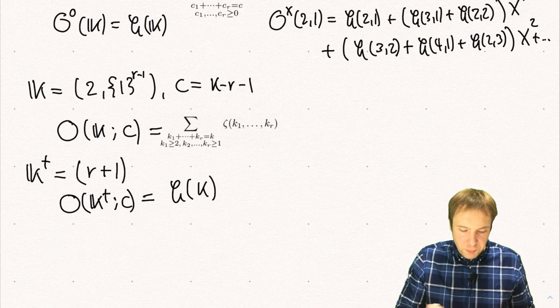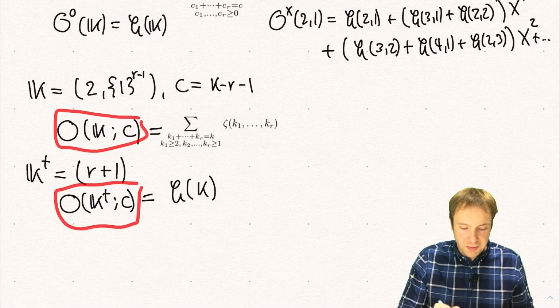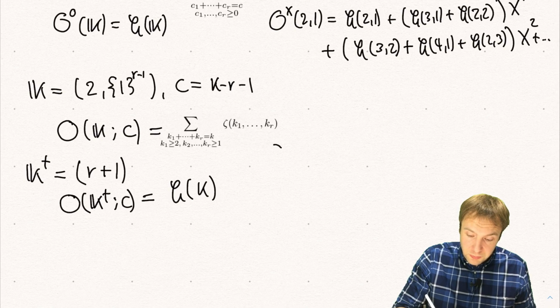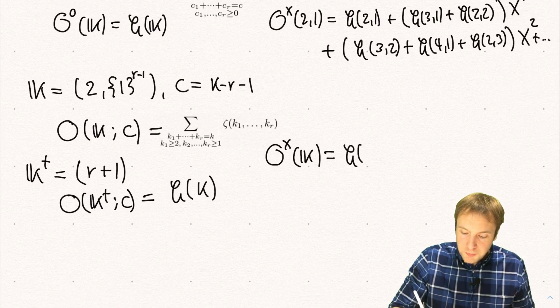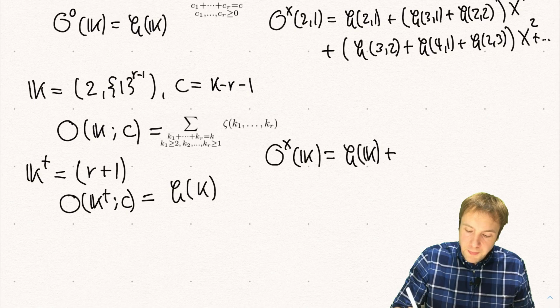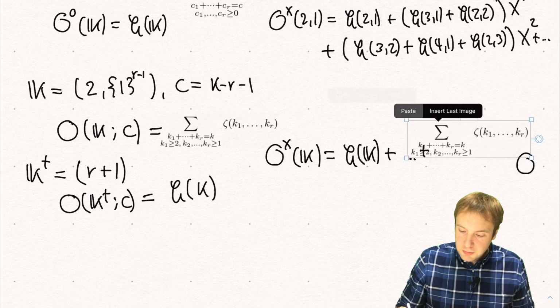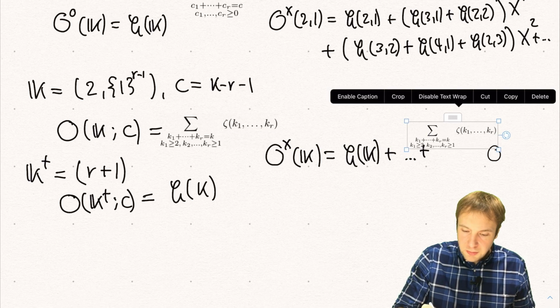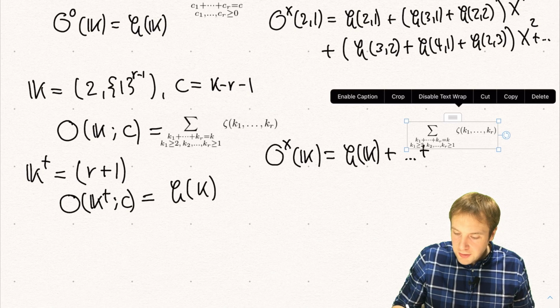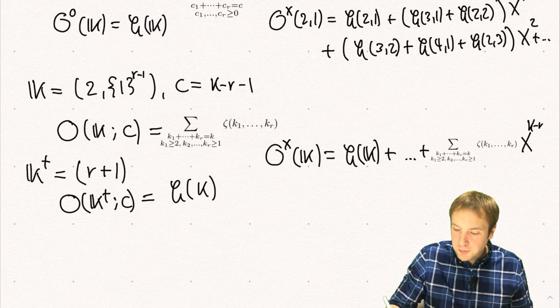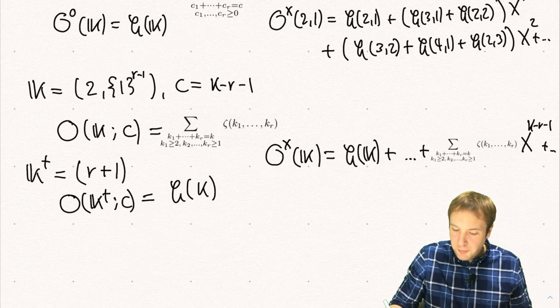Okay, and here we see by the sum formula that this is actually the same. So if we would consider the Ohno sum of this example, we would start with zeta k, and then at some point we would have this index here, and this would be the coefficient of x to the k minus r minus 1 plus something.